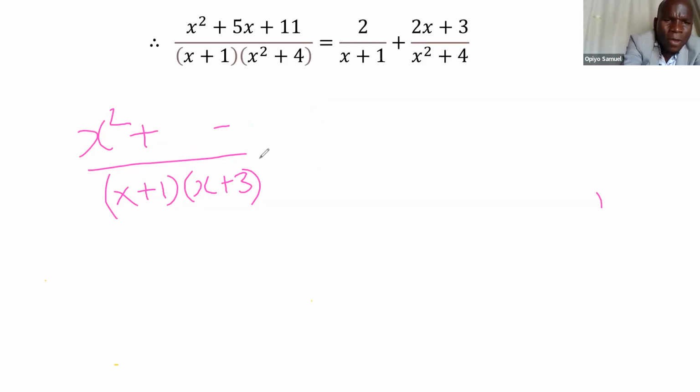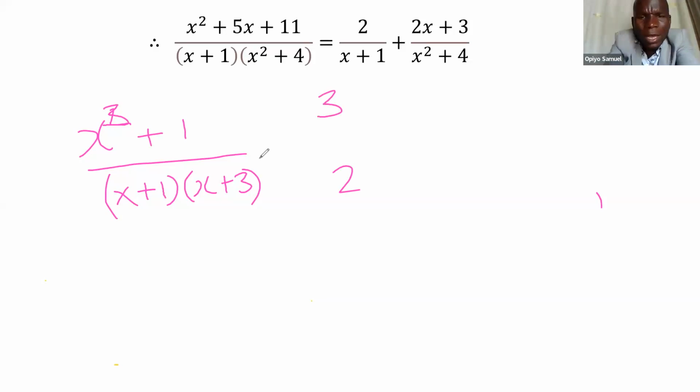Or if you have a fraction like x cubed plus 1 over this, the fraction is also improper because the degree of the numerator is 3 and the degree of the denominator is 2.